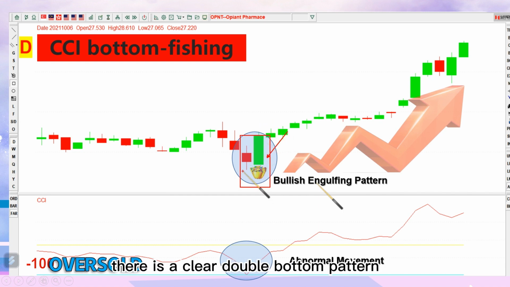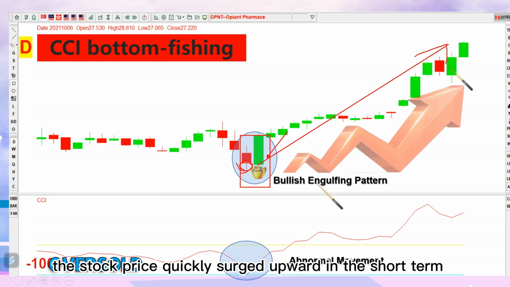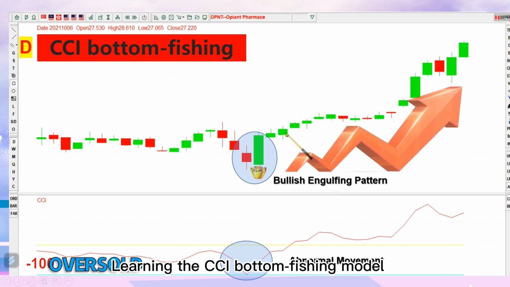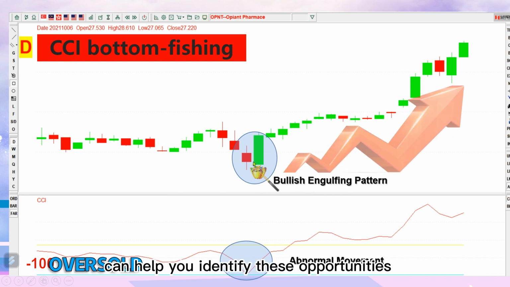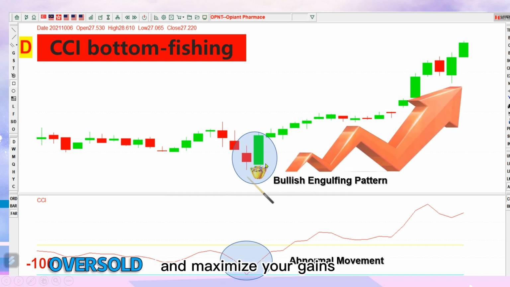Additionally, there is a clear double bottom pattern with a long lower shadow, which is a resonance buy signal. As expected, the stock price quickly surged upward in the short term. Learning the CCI bottom fishing model can help you identify these opportunities and maximize your gains.